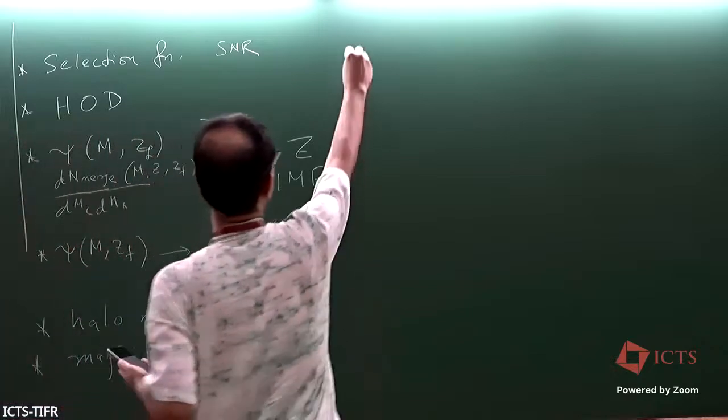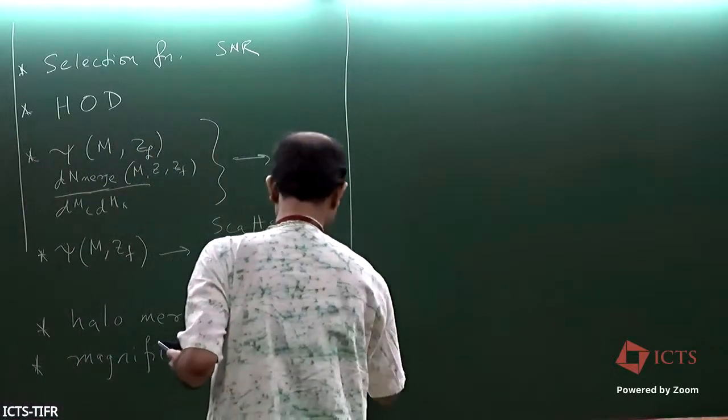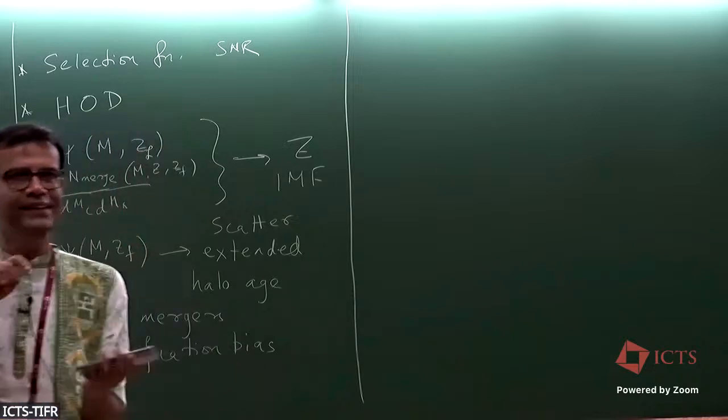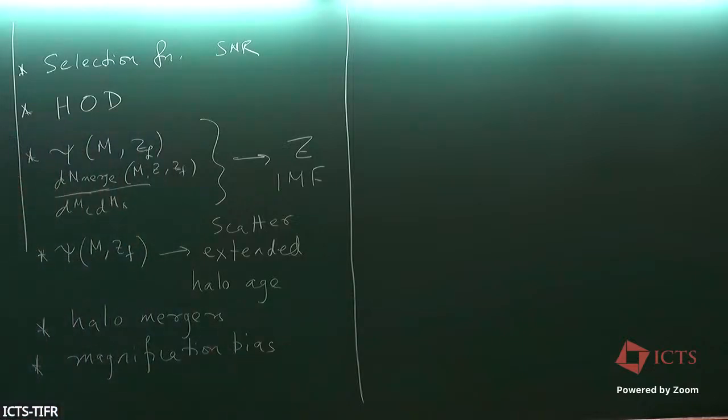So I won't derive the equations, but I will quickly tell you what this magnification bias is. You people have heard of lensing, right? As the light from a high redshift event is streaming towards us, it gets deflected by the gravitational potential of the intervening sources.